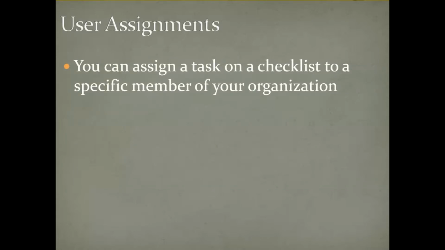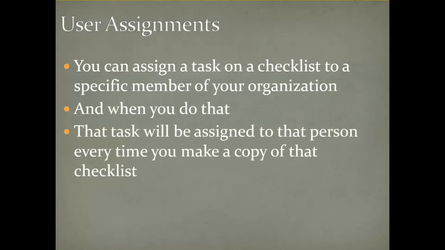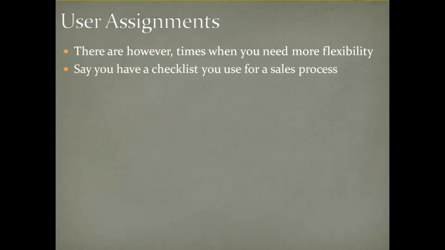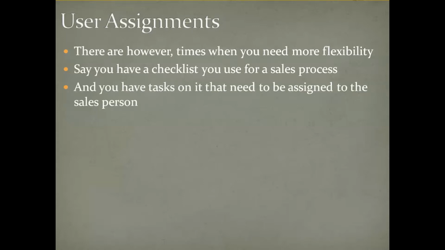Now, you can assign a task on a checklist to a specific member of your organization. And when you do that, that task will be assigned to that person every single time you make a copy of that checklist. There are, however, times when you're going to need a little bit more flexibility. Say you have a checklist that you use for a sales process, and you have tasks on it that need to be assigned to the salesperson.